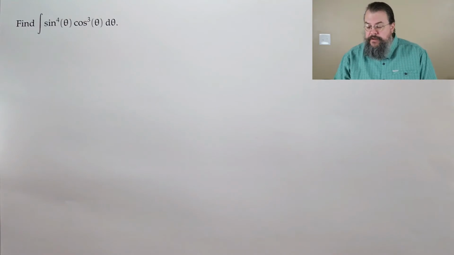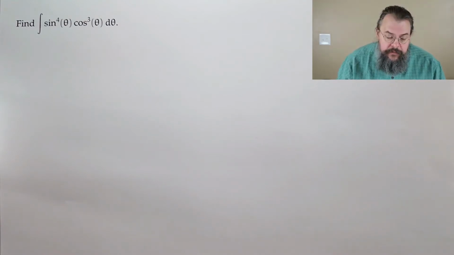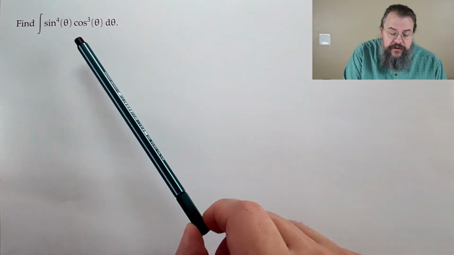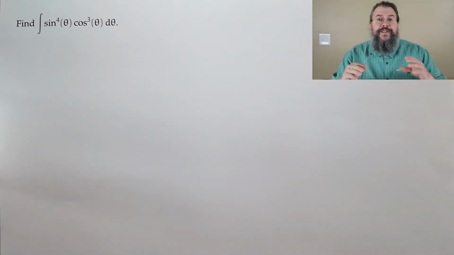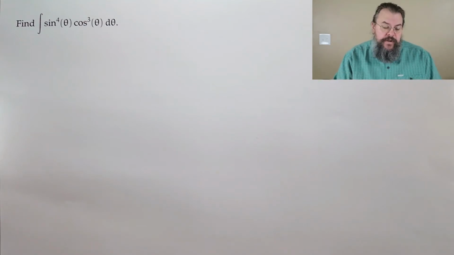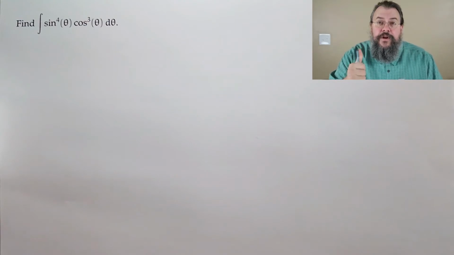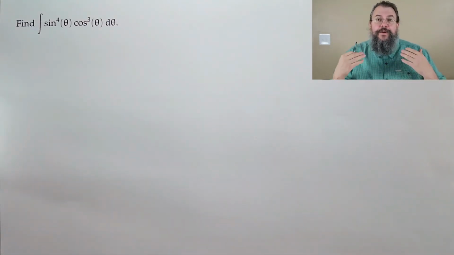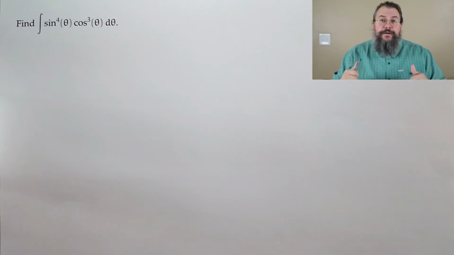Our first problem. Find the integral of sine to the fourth theta cosine cubed theta. Integrals involving sines and cosines are bread and butter. So what can we do? Well, one of the terms has an odd power, the cosine. And when we have one of them with an odd power, we're like, woohoo!